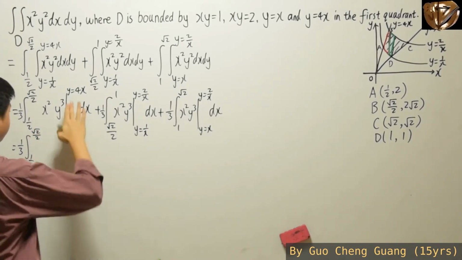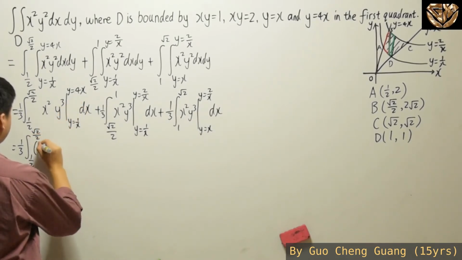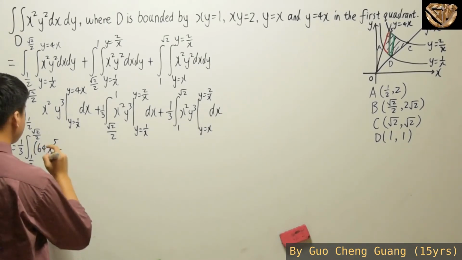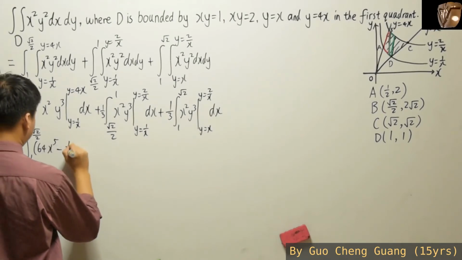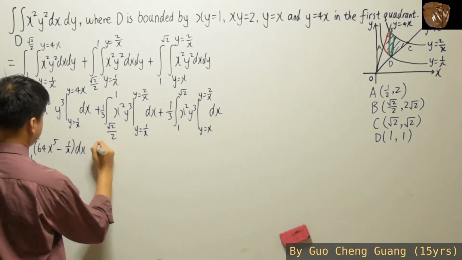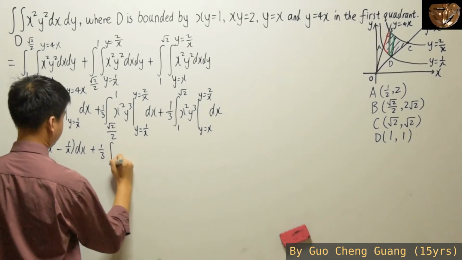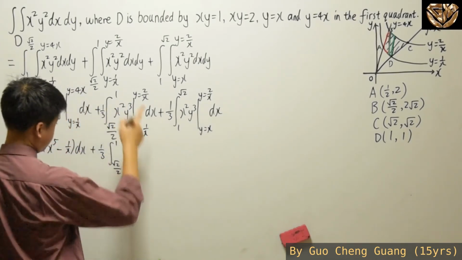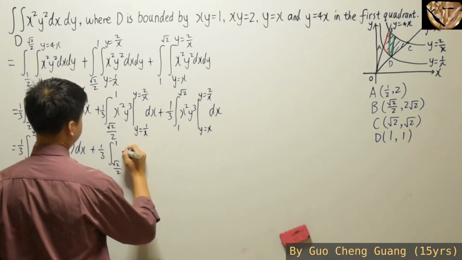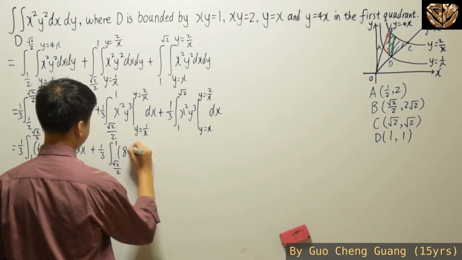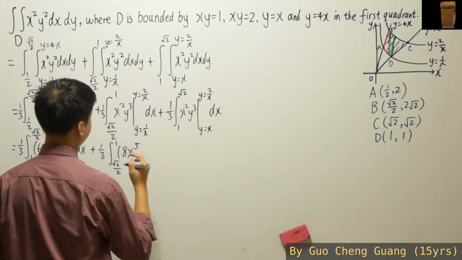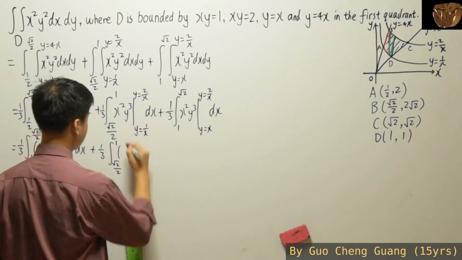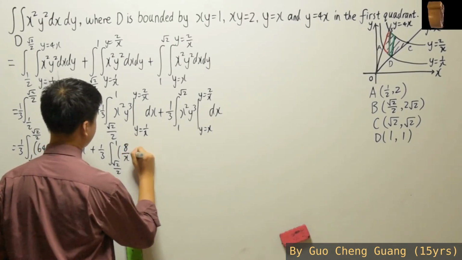Now the first one, 4 cubed is 64. So 64x to the power of 5 minus 1 over x dx. And for your second part, you're going to have 2 cubed, which is 8, x to the power of, no, not to the power of 5, since there's a 1 over x, so this is 8 over x minus 1 over x.